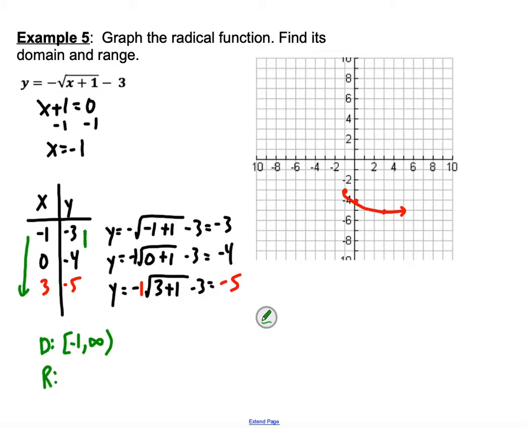It starts there at negative 3, but they're not getting larger, they're getting smaller. So because of that, they're getting smaller at the bottom here. It's going to keep going down, down, down forever and ever and ever. It's just a curve going down.